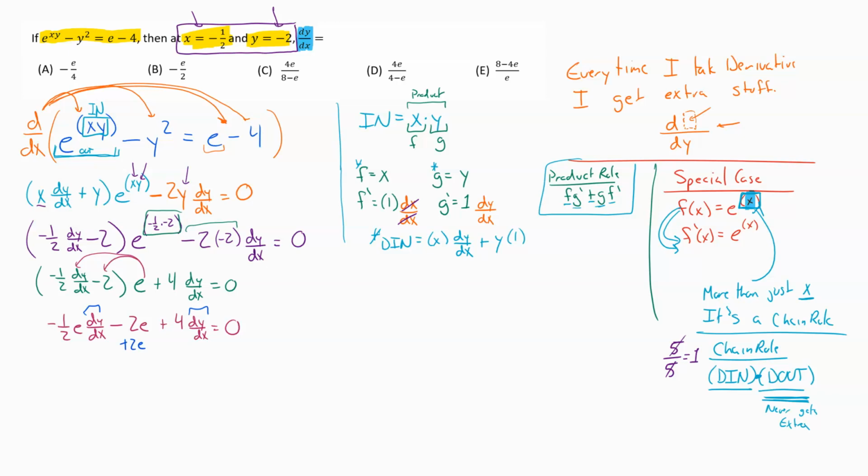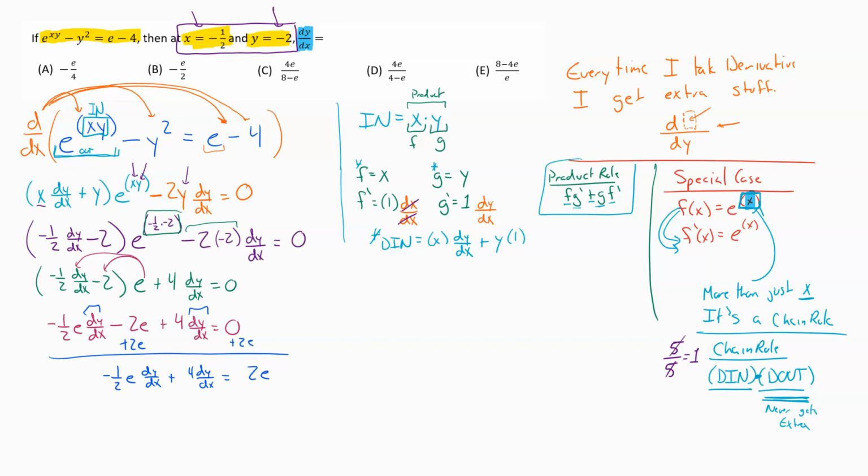So the easiest way to do that on this problem is to go ahead and just add the 2e over. So I get -1/2 e dy/dx plus 4 dy/dx is all going to equal 2e.